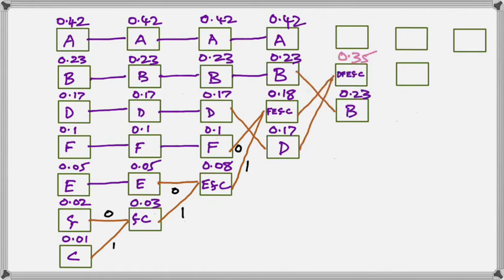So now when we add 0.18 to 0.17, we get 0.35, which is actually higher than the 0.23, which is above it. So once again we have to swap the boxes. We add those two, 0.35 to 0.23, which now becomes more than the 0.42.